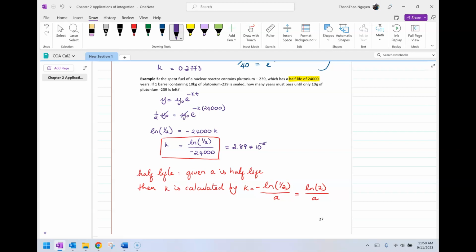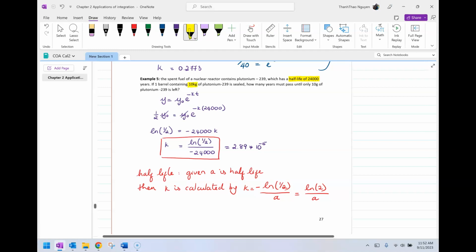Okay. So let's use this to calculate how many years must pass until only 10 grams of plutonium is left. Note that the unit is given in 10 kilograms.